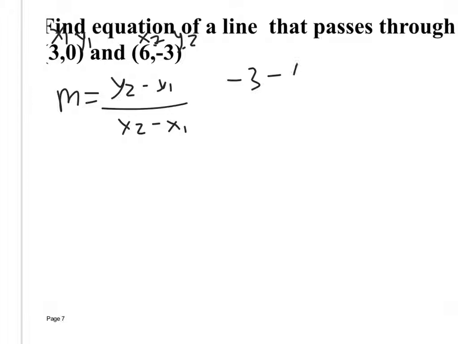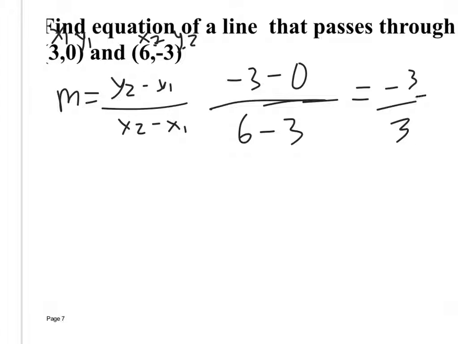Yep, 0 over. Now what do I put? 6 minus 3. Good. Negative 3 minus 0 is negative 3. 6 minus 3 is 3. What does that reduce to, Jaden? Negative 1 over 1, which is the same thing as negative 1. Good.